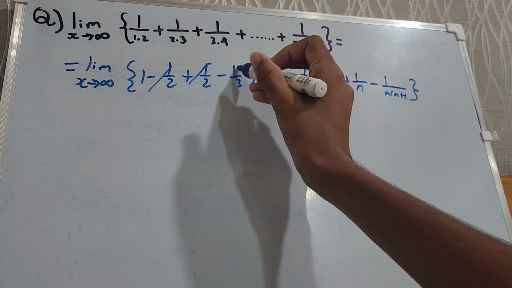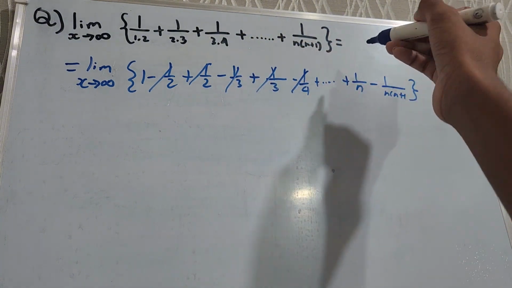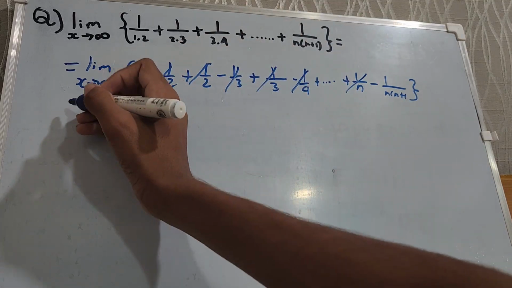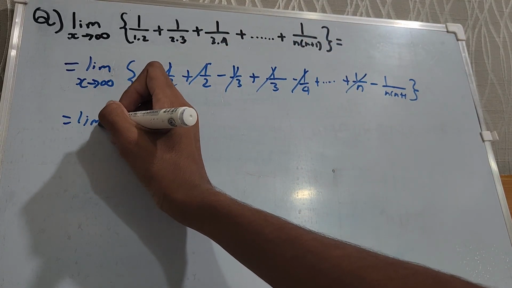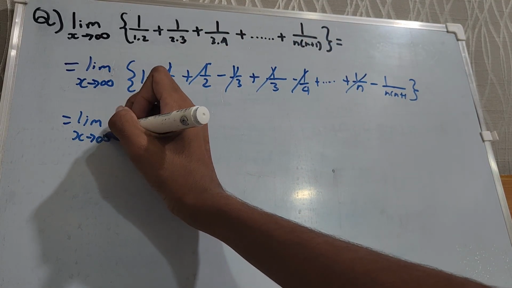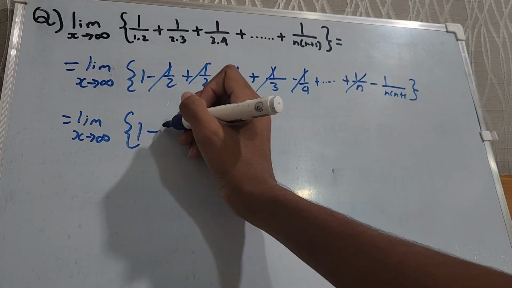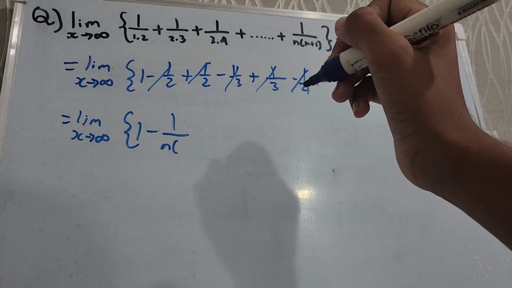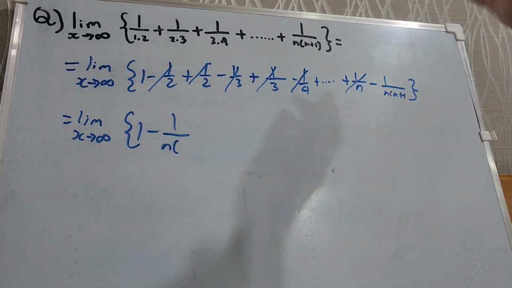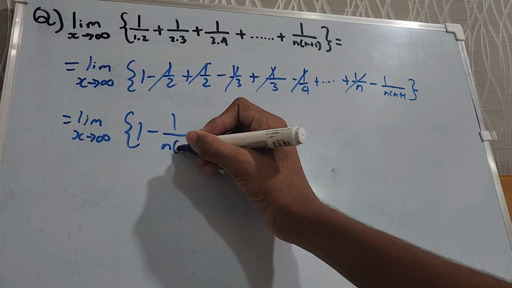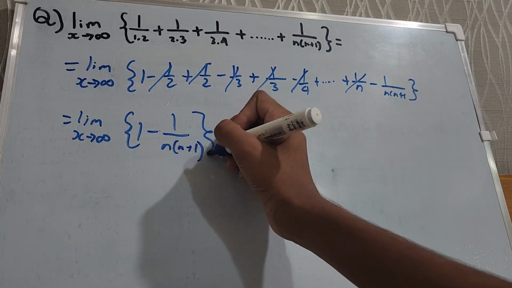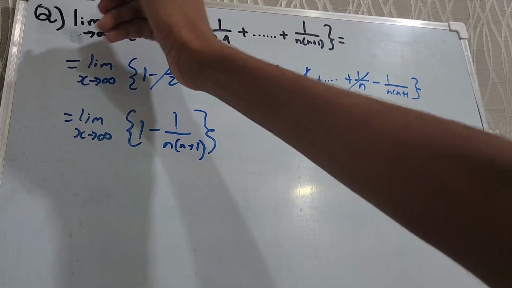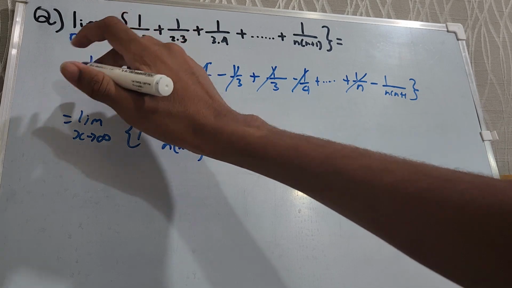These cancel, like this everything will cancel, right? And then this as well. So you get limit x tends to infinity of 1 minus 1 by n plus 1. Actually in this question you have to change x to n, n tends to infinity.